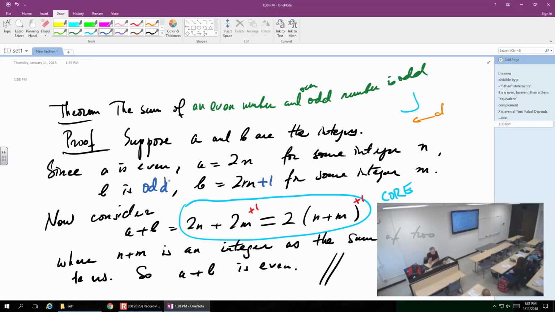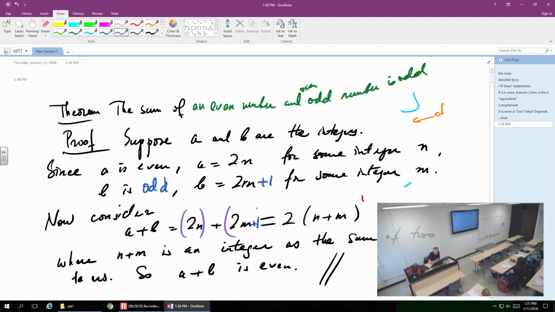Now we consider the sum, 2n plus 2m plus 1. Just to make it even more explicit, I could put parentheses here, so this is A, and this is B. Then I remove the parentheses and rearrange the terms, and that extra 1 term appears here. And now just simply by examination, we realize that the number on the right is what?